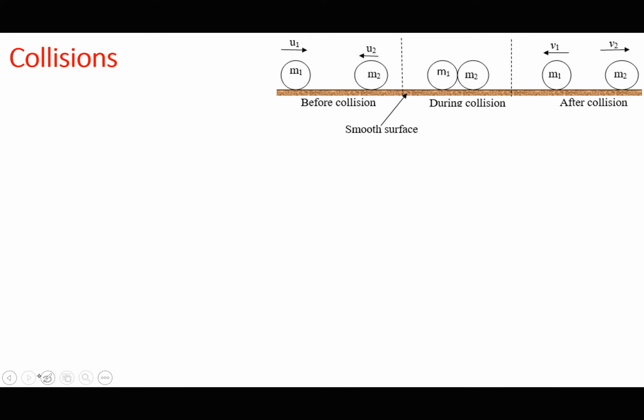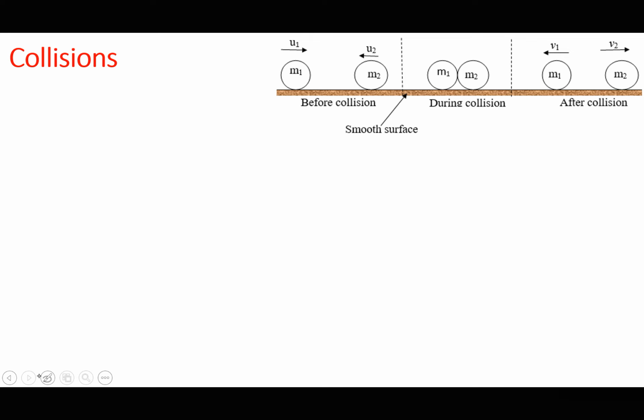In other collisions, like that between a tennis ball and a racket, the objects collide and bounce so that they move away with two different velocities. So in some collisions they stick together on impact, and in some they separate after impact.